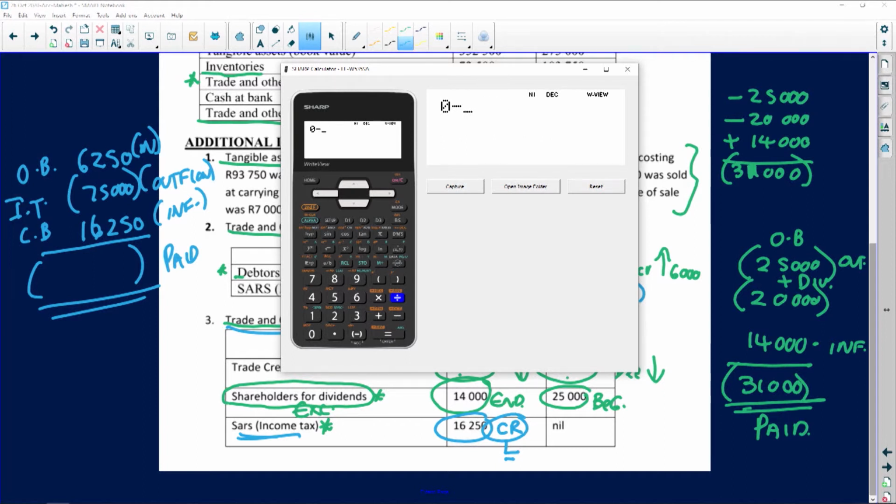So I'm starting off with a negative 75,000, then I've got a positive 6,250, and I've got a positive 16,250, and that gives me a negative, the amount that I've paid, 52,500.